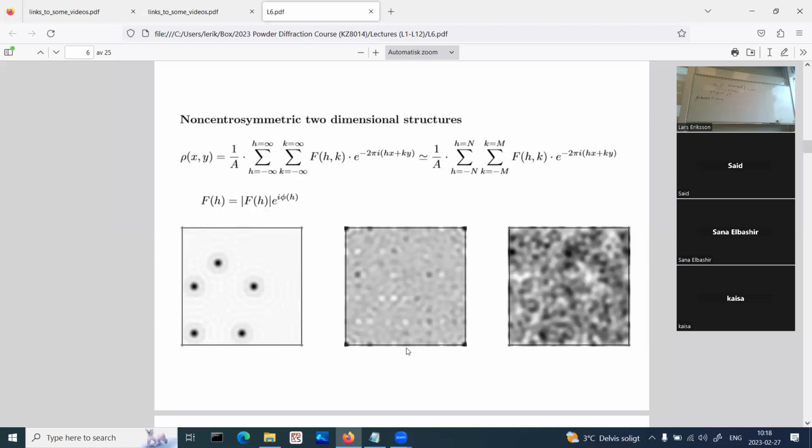There is some program called Superflip that is available as part of Jana, I think. I don't say that it's the wonder method to solve all structures. It doesn't always work.